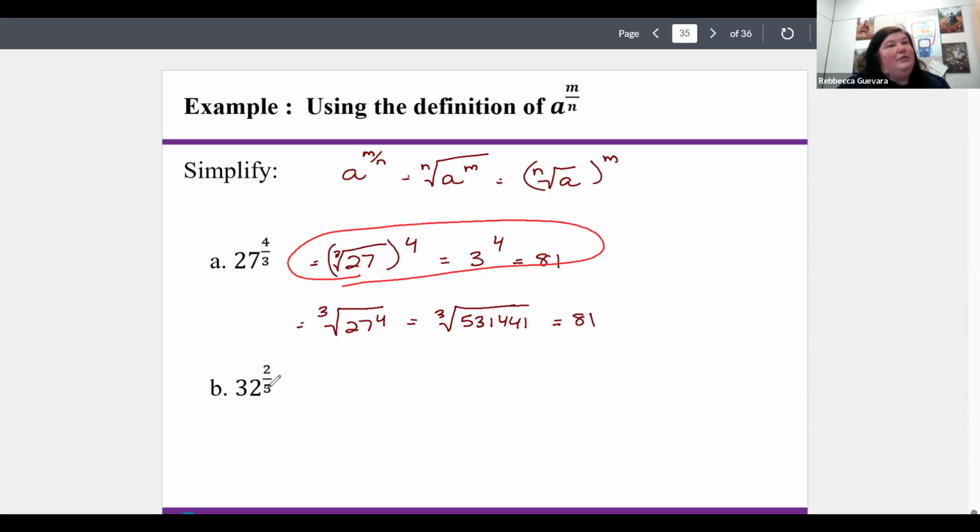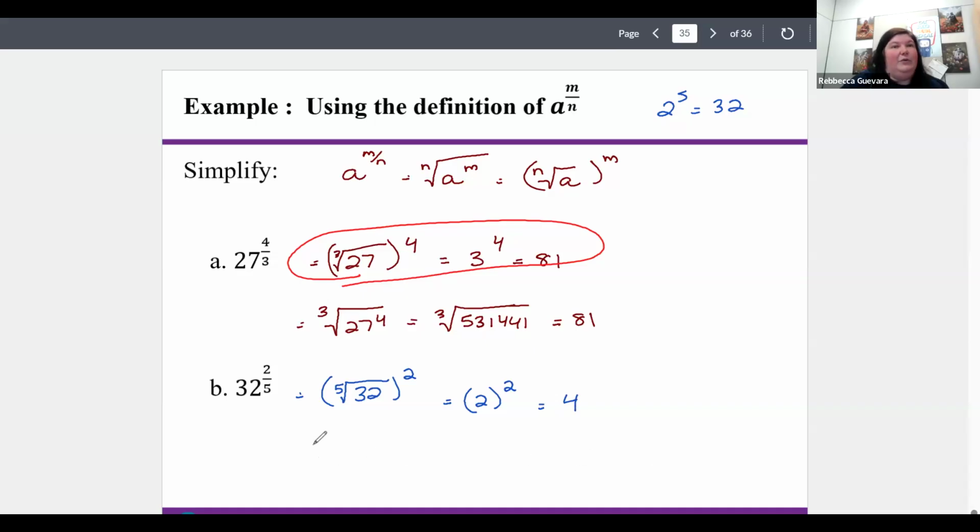So 32 to the power of 2 over 5. Like I said, that can be the fifth root of 32 raised to the power of 2. The fifth root of 32 is actually just 2, because 2 to the power of 5 is 32. So this is 2 to the power of 2, so this is actually just 4.